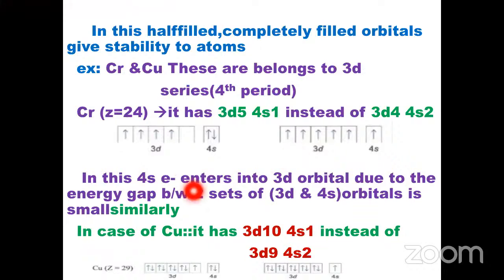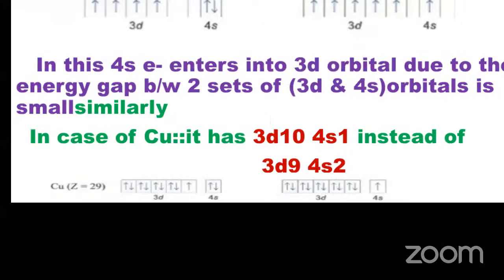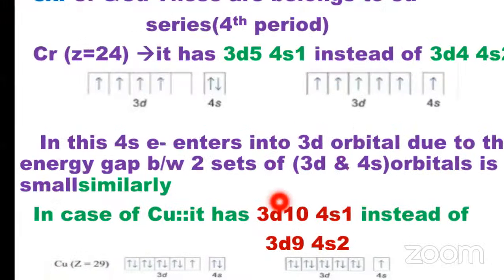Okay, similarly in case of copper, it has 3d10 4s1 instead of 3d9 4s2. In this one also, the electron of 4s orbital enters into 3d orbital for the stability.